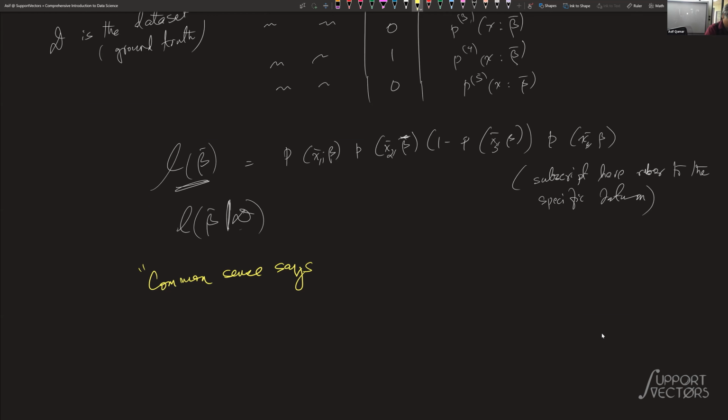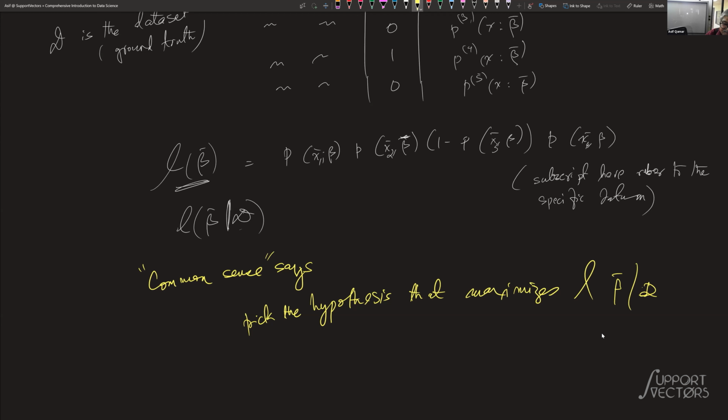But let's say common sense in code says that pick the hypothesis that maximizes L beta, given the data set. Or in your book, it just refers to L beta.